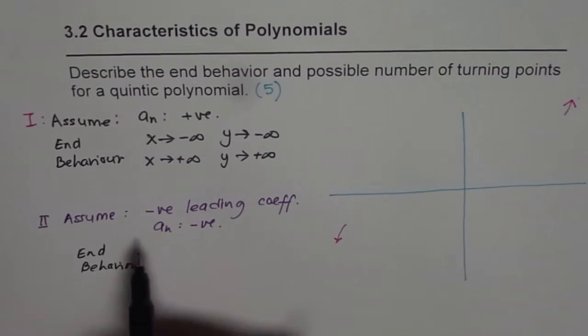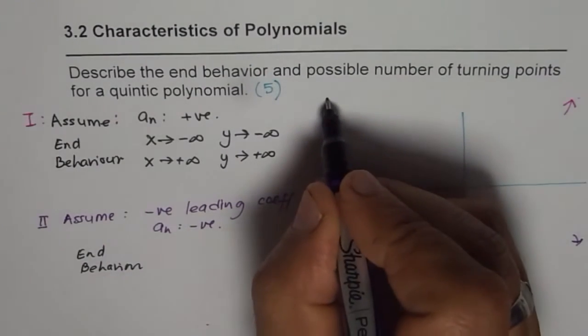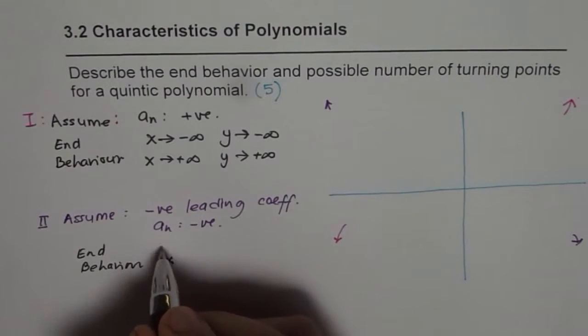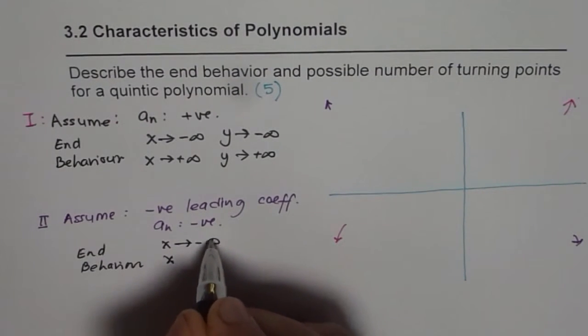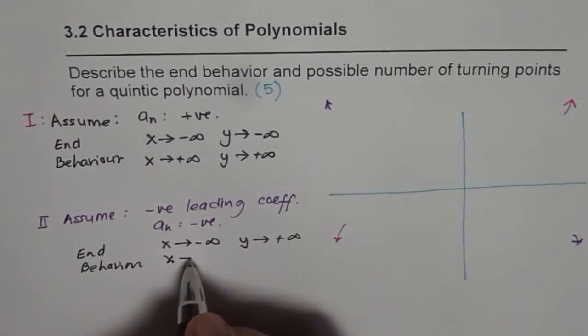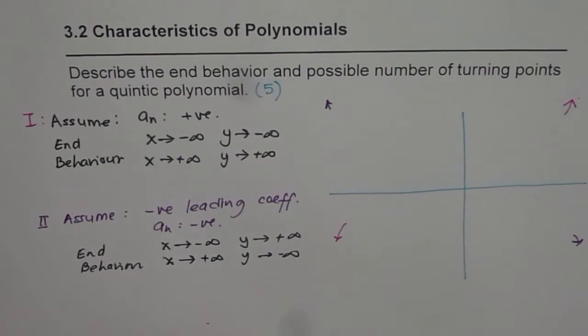Negative leading coefficient means it ends up here and it has to begin there. So if x approaches negative infinity, y approaches positive infinity, and if x approaches positive infinity, y approaches negative infinity. So that is about the end behavior.